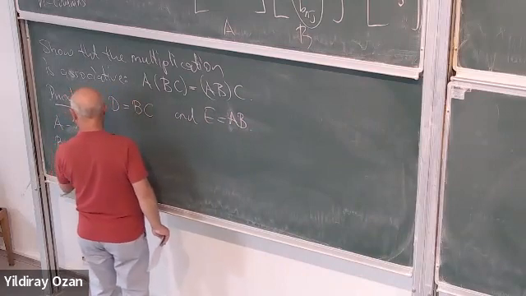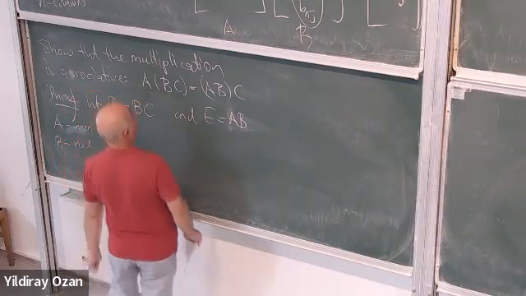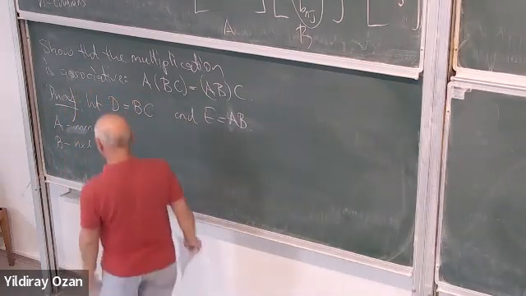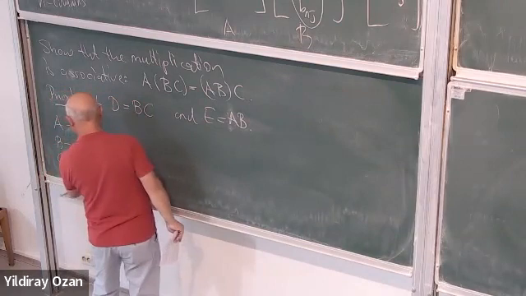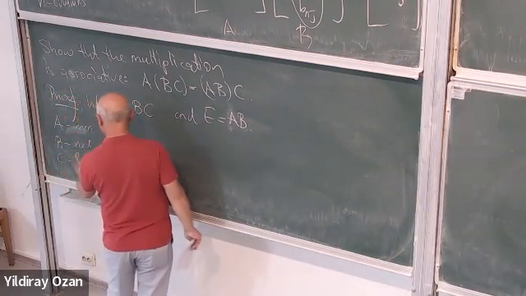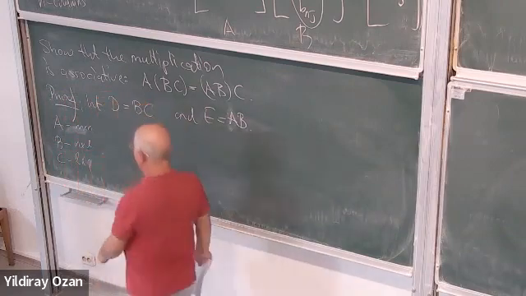B is an N by L matrix, right? And C is an L by P matrix.